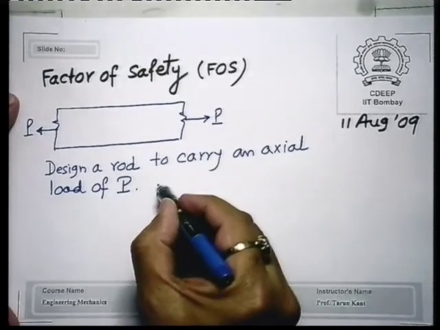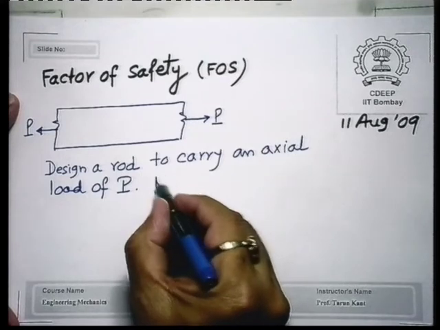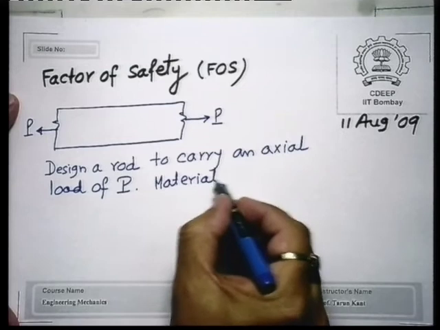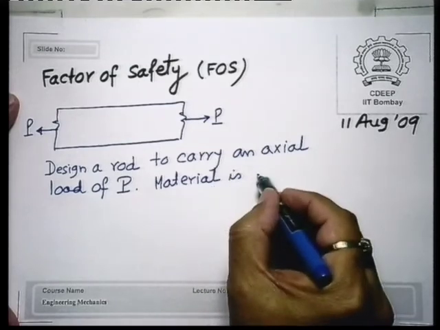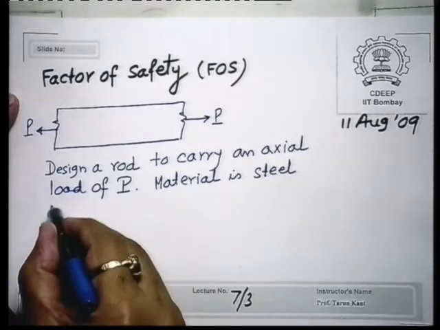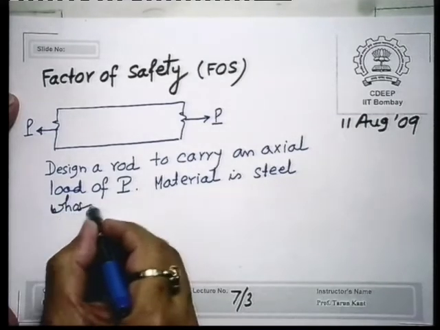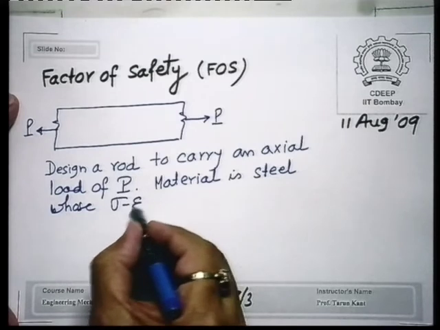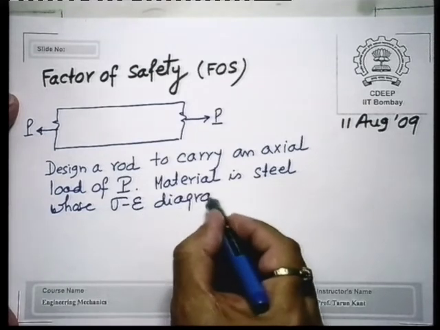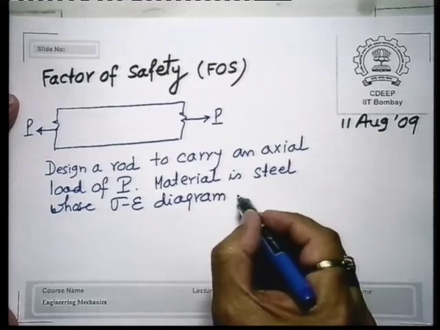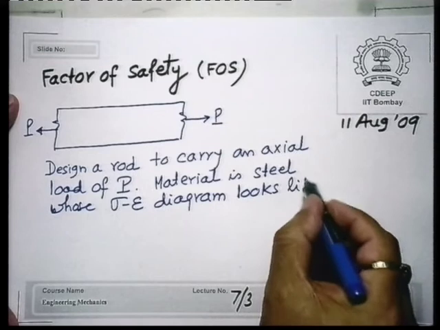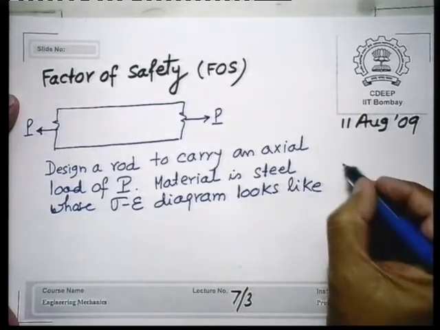This is all you are given, plus you are given the material, and the material is steel, whose stress strain diagram looks like this.